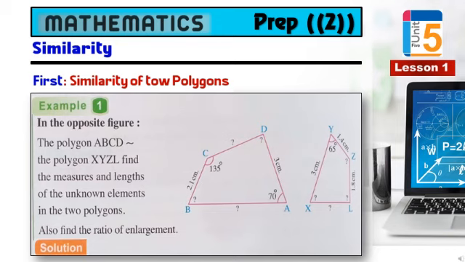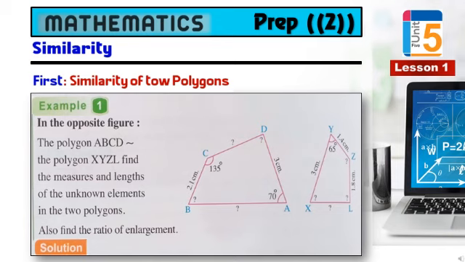Okay, let's take an example. In the opposite figure, the polygon ABCD is similar to the polygon XYZL. Find the measures and lengths of the unknown elements in the two polygons. Also find the ratio of enlargement. So now what's the given? The given is we have two similar polygons and the side length BC equals 2.5 centimeters and the side length DA equals 3 centimeters.